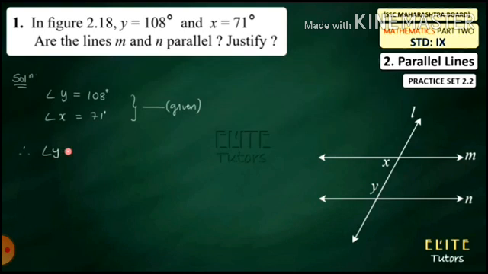Now, angle y plus angle x equals 108 degrees plus 71 degrees. We put the values of y and x, which equals 179 degrees. So, students, angle x plus angle y does not equal 180 degrees, because interior angles should be supplementary, but here we do not get the sum of these two angles equal to 180 degrees.